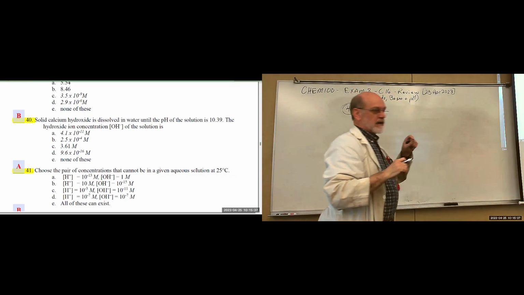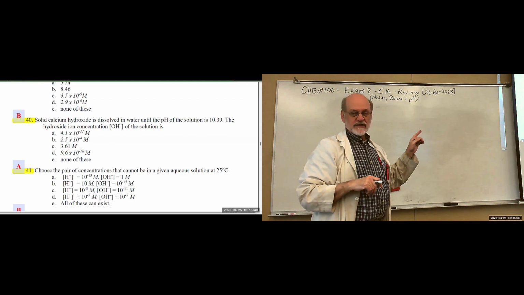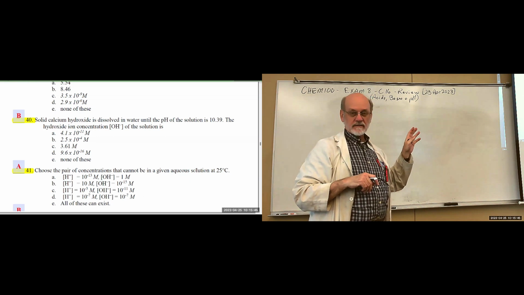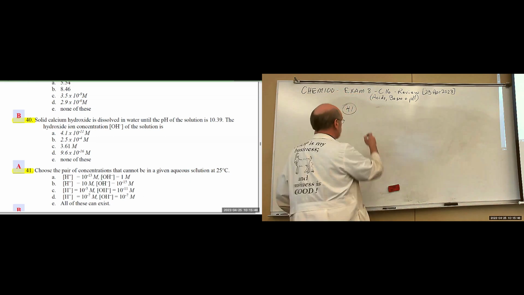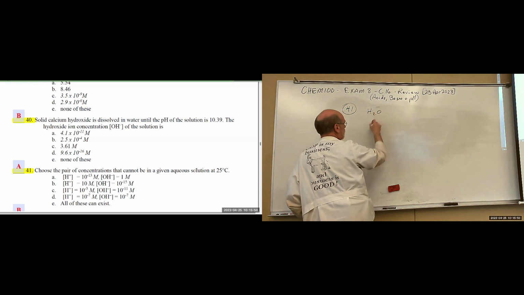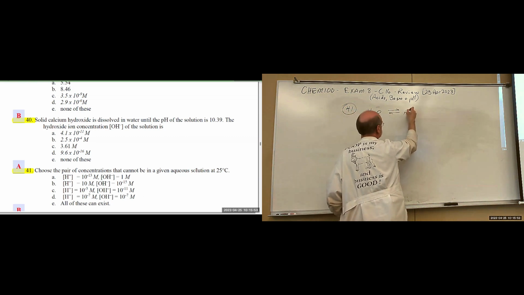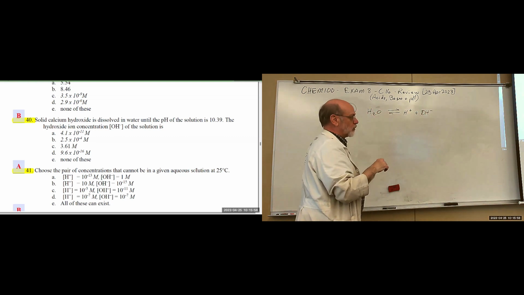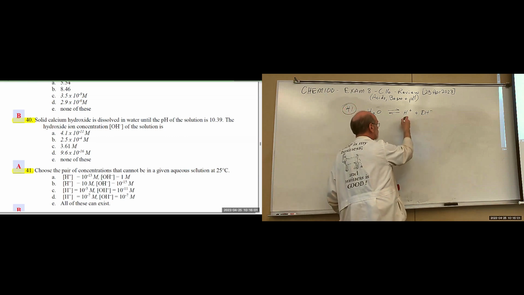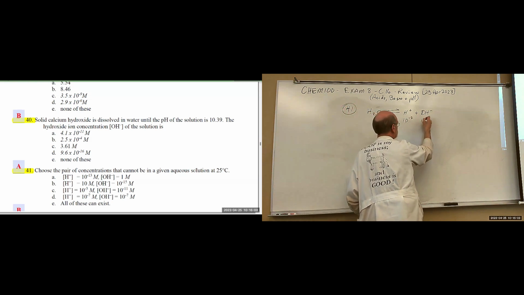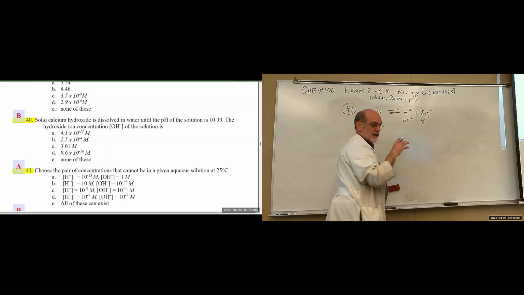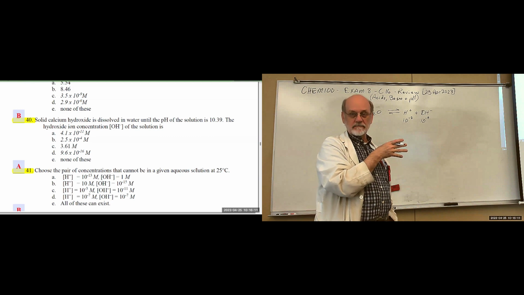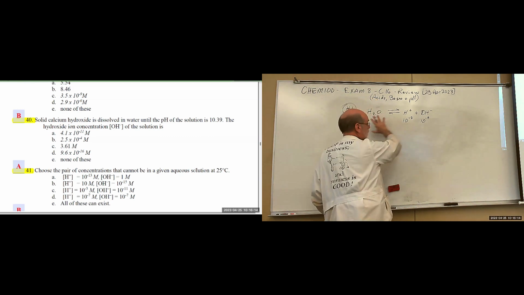The point of this question has to do with the amphoteric nature of water, how it goes from, I'm going to simplify it like this, like that. So in water at 25 degrees, this one is going to be 10 to the minus 7th molar. This is going to be 10 to the minus 7th molar. And this reaction is always happening in water. So in pure water, that's what you get.